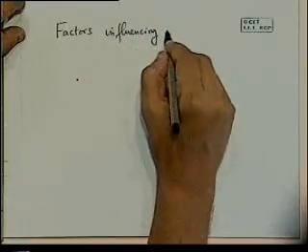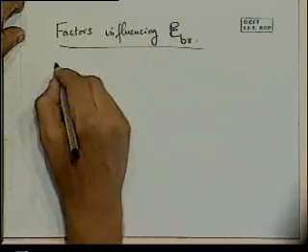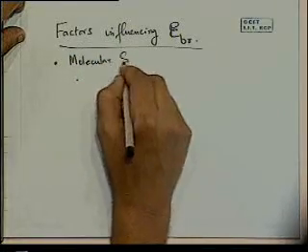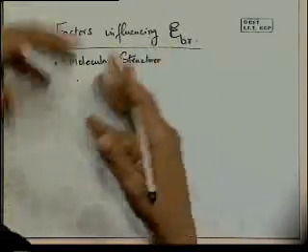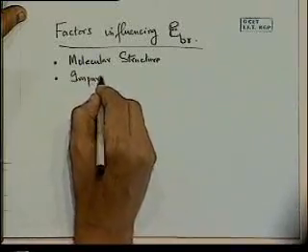I won't go into details. Here are some of them. I'll list primarily, and occasionally I'll discuss one or two. The molecular structure of the material itself. What kind of bonding we may expect could play a role, whether or not it fails catastrophically. What kind of impurities may be there?